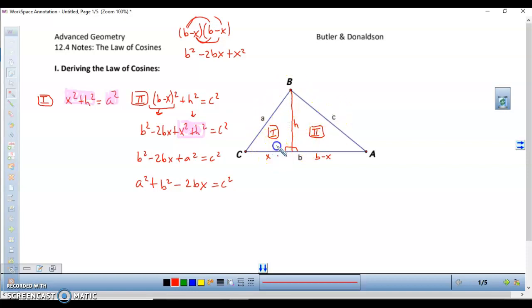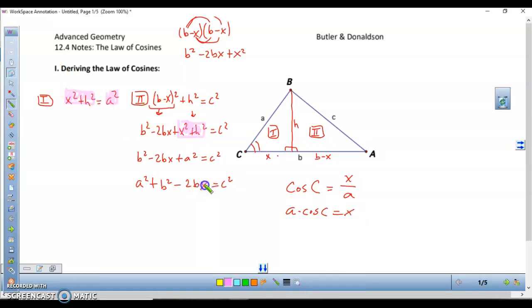And in this triangle, the original values were side lengths of a, b, and c, and then angles A, B, and C. So I'm going to use triangle 1, and I'm going to use cosine and say, okay, well, the cosine of C is equal to adjacent, which is x, over the hypotenuse, which is a. And then if I multiply both sides by a, I get a times the cosine of C is equal to x. So now I'm going to substitute yet again. Instead of x, I'm going to put a times the cosine of C in its place.